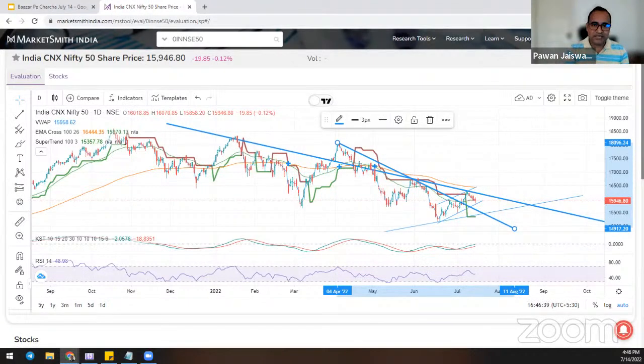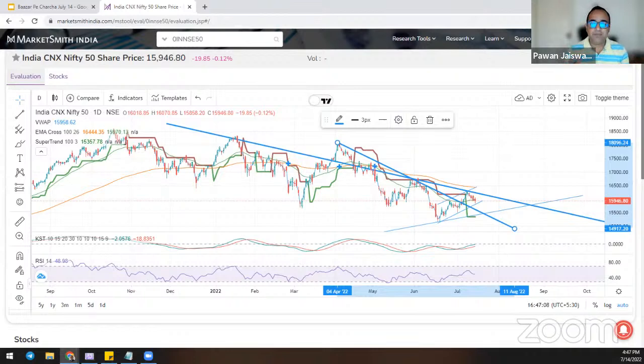But at the same time, I am not saying a smooth ride on the upper side, because if I do some micro analysis of this Nifty 50 daily chart, there is a lot of resistance between 16,400 and 16,700. That shows that even though it will give a breakout, we will not see a smooth ride.